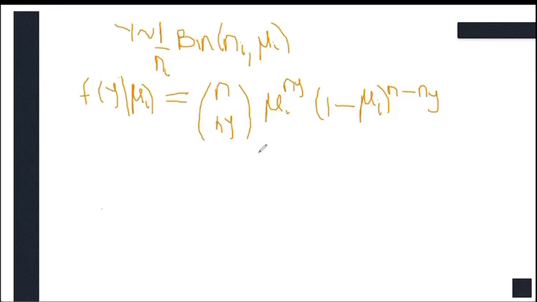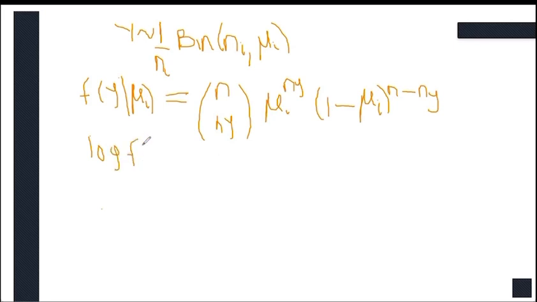if I want to investigate this for exponential family, I can rewrite this. I can find the logarithm.